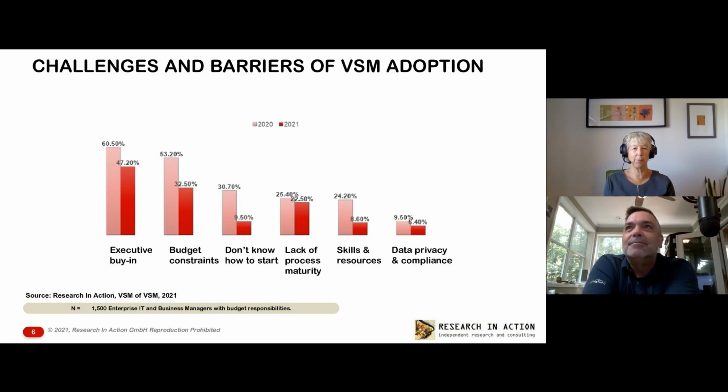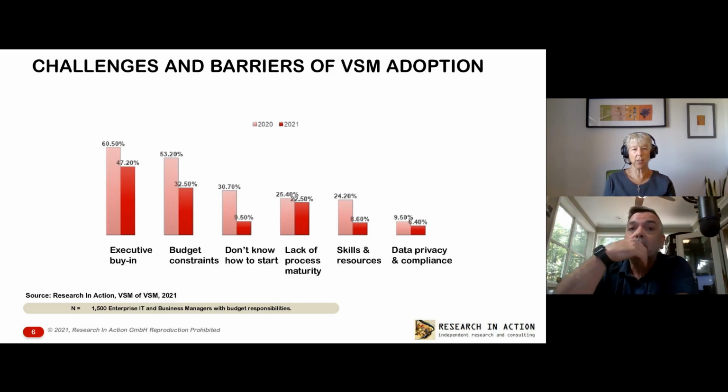I talked a little bit about this already, the challenges and barriers to digital transformation, but there are also challenges and barriers to the adoption of VSM. And again, in our research recently at Research in Action, here's what we found. We have done this now for 2 years, and we see in 2020 much more executive buy-in challenges, much more budget constraints.